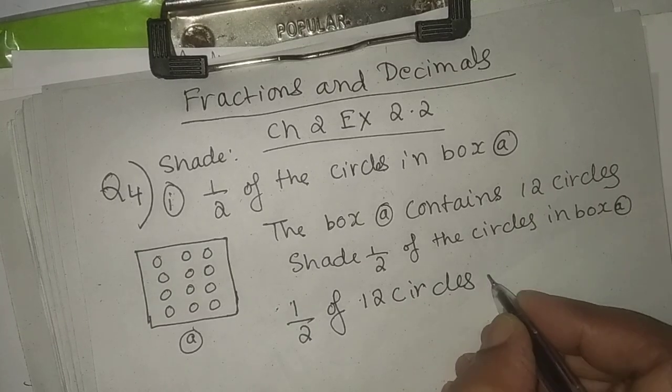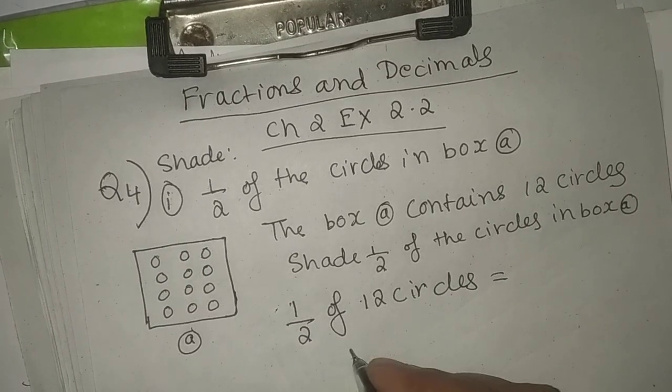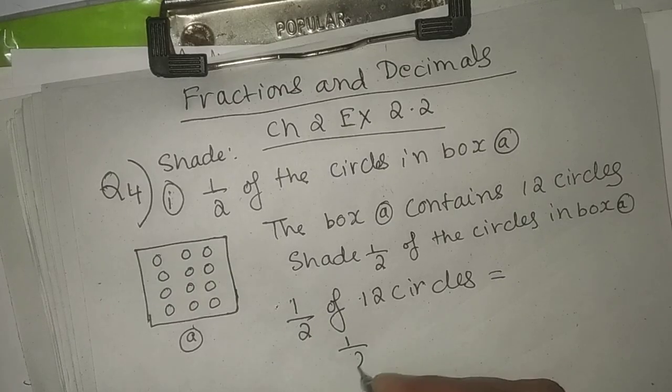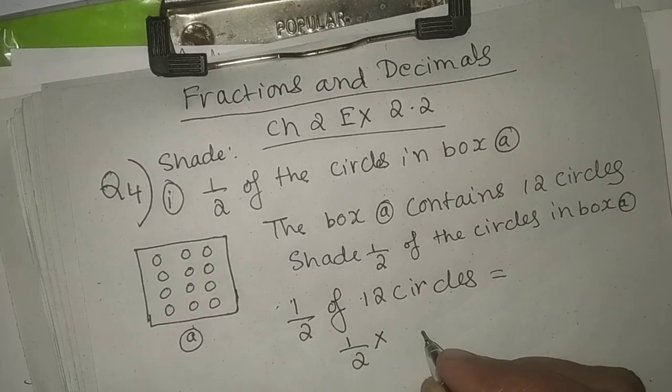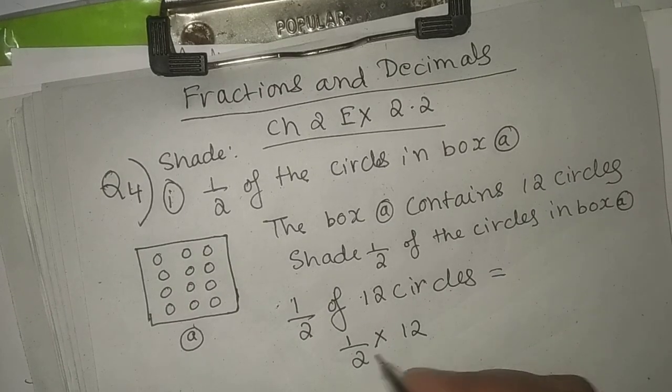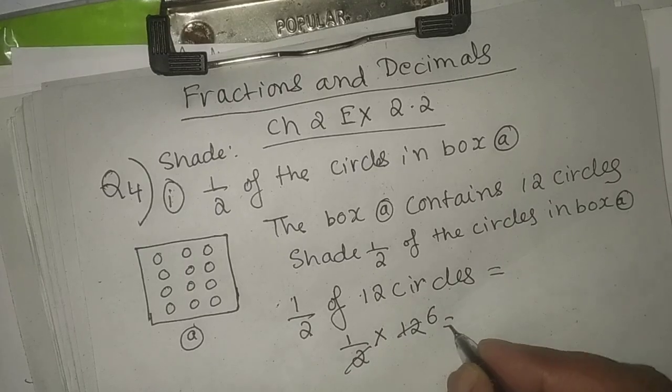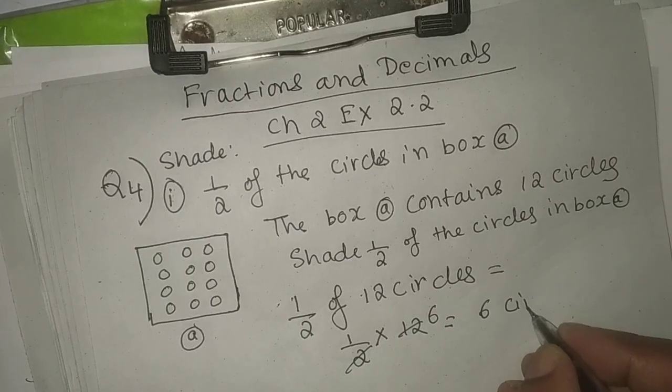Half of 12 circles is equal to half into 12. 2 ones are 2, 2 sixes are 6, equal to 6 circles.